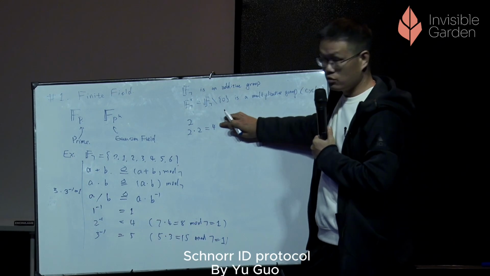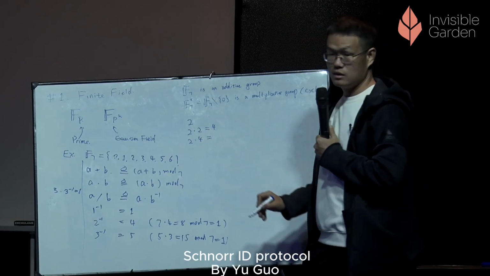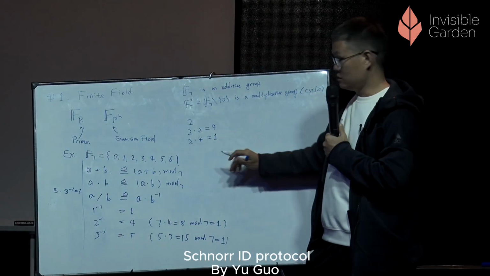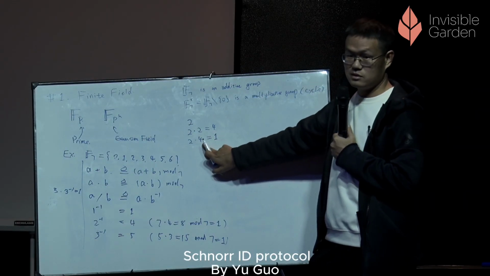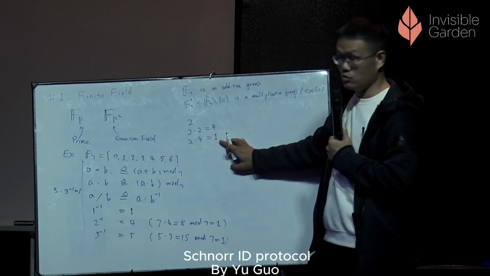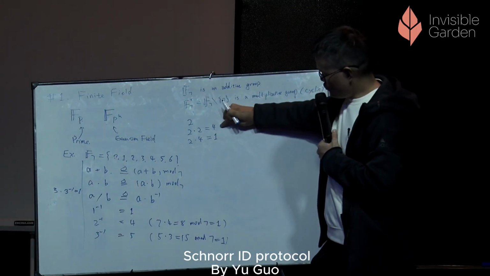Now we have 2 and 4, then 2 times 4 equals 8, and mod 7 is 1. So now we get 2, 4, 1.